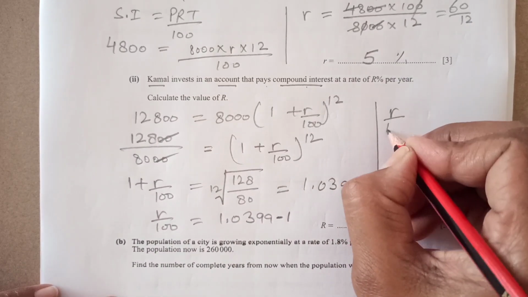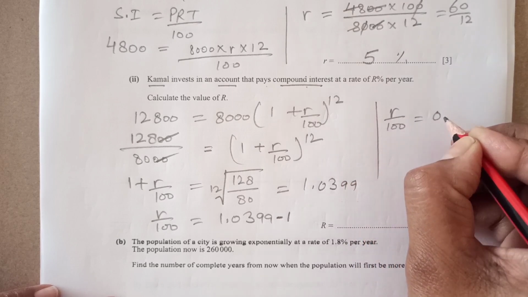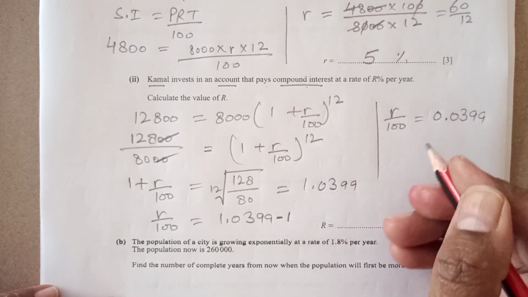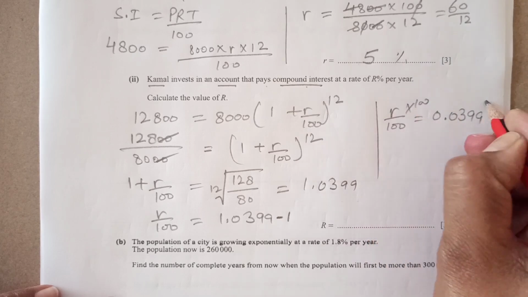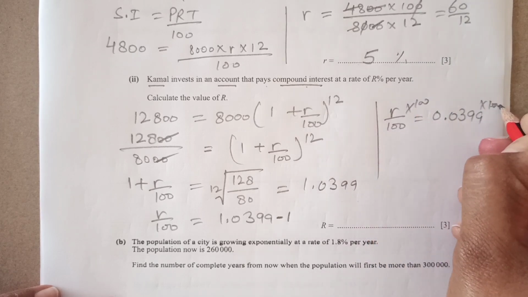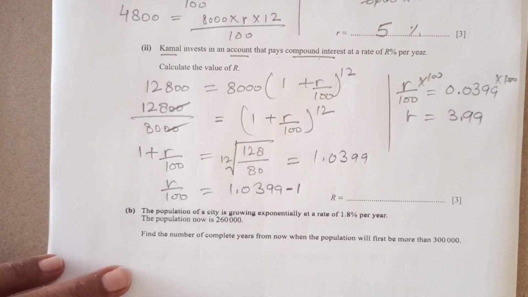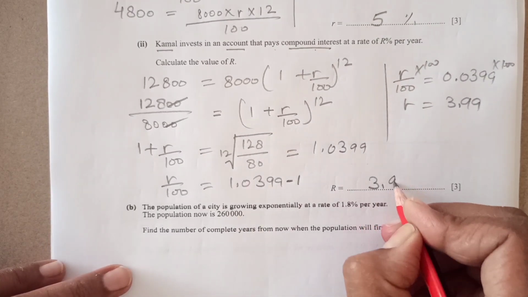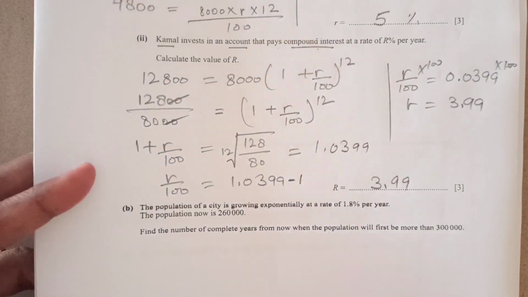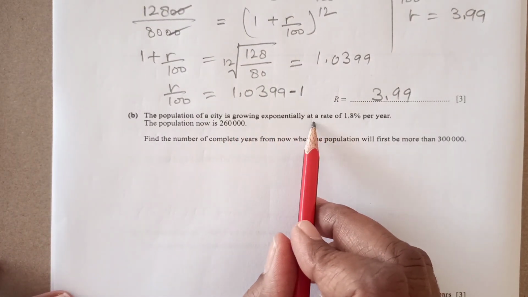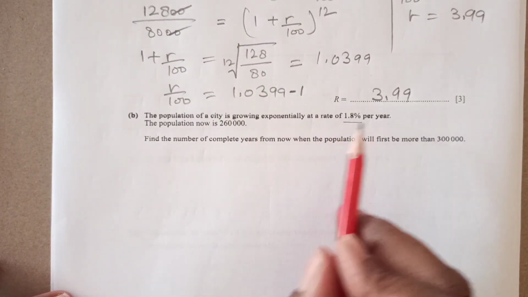So R over 100 is 0.0399. Times 100, so this will be R, this will become 3.99. So 3.99.